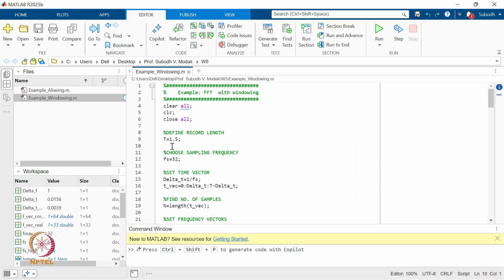The idea is that in practice we would not know the frequencies which are present, we would not know the time periods of different frequency components. Even if the signal is periodic, we would not know the period of the signal. Another thing is that in practice there will often be small variation in the frequencies.